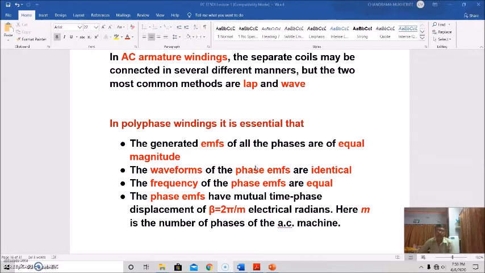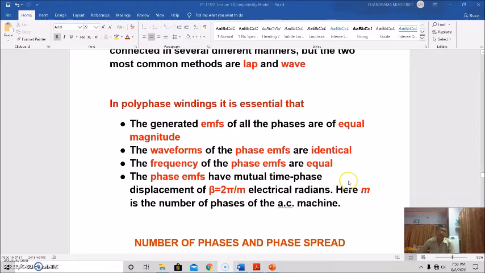The waveforms of the phase EMFs must be identical, the frequencies of the phase EMFs are equal, and the phase EMFs have a mutual time phase displacement beta equal to 2π/m electrical radians, where m is the number of phases of the AC machine. Mostly we are using 3 phases. In some special applications, more than 6 phases are also used.